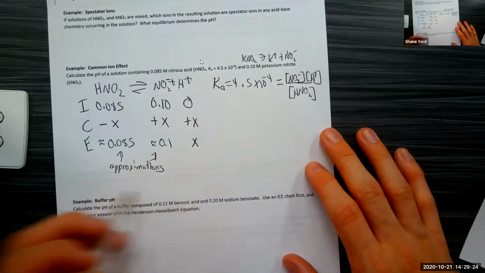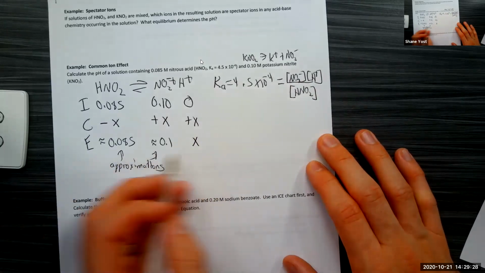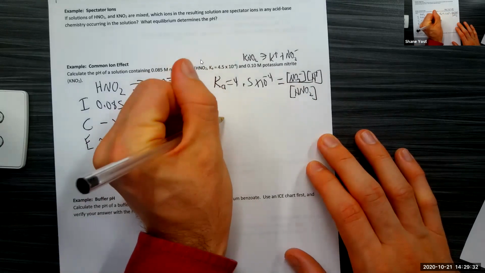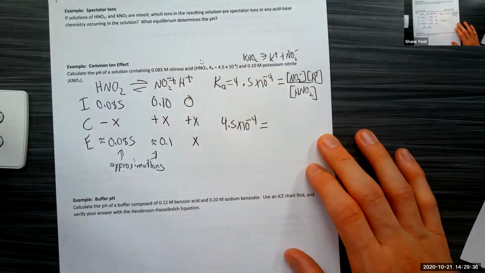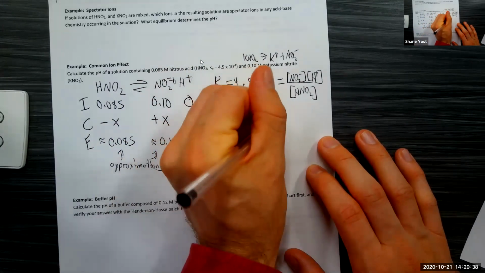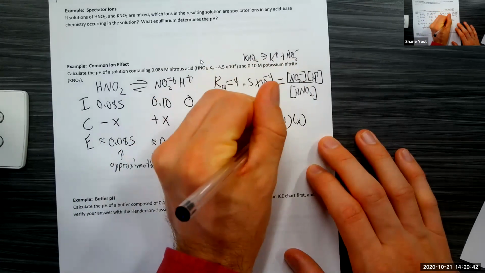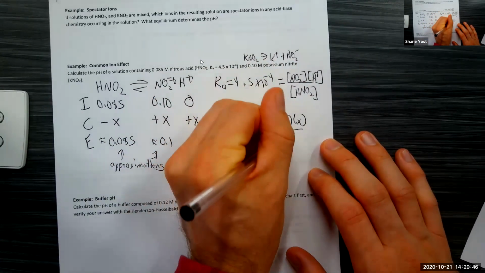And so when we use that, we can plug all that in, because these are now our equilibrium concentrations. So I can plug that into my equilibrium constant expression. Now 4.5 times 10 to the minus 4 equals the concentration of NO2 minus, which is 0.1, times the concentration of H plus, which is our X, divided by the concentration of HNO2, which is 0.085.